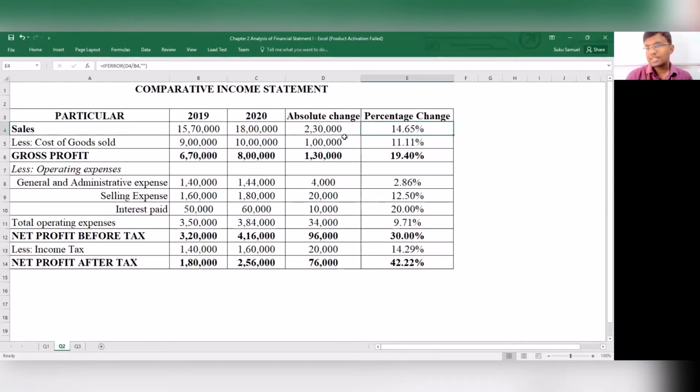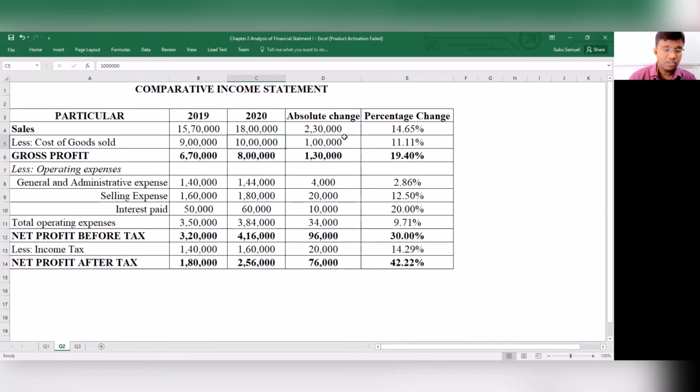Now, increase in sales, what does it signify? It signifies growth. It signifies that there are strategies adopted by the organization, as a result of which there are some changes taking place in the organization.